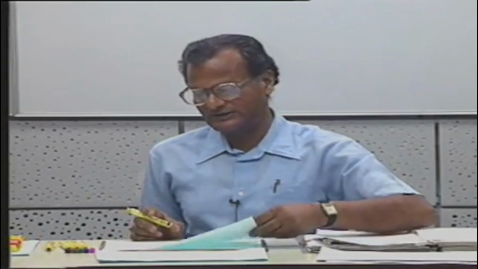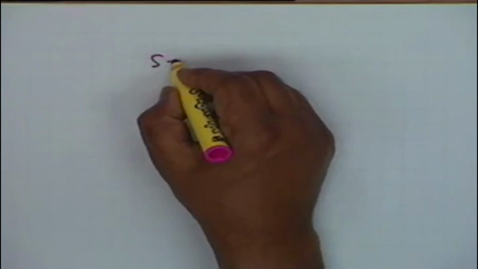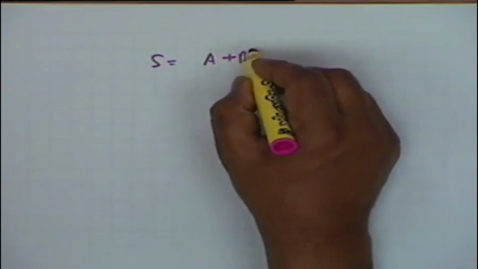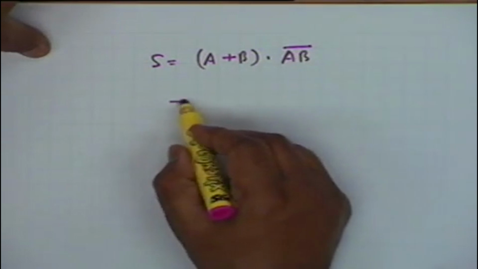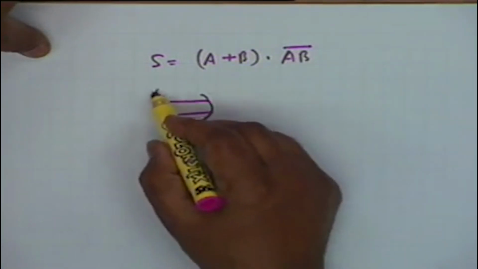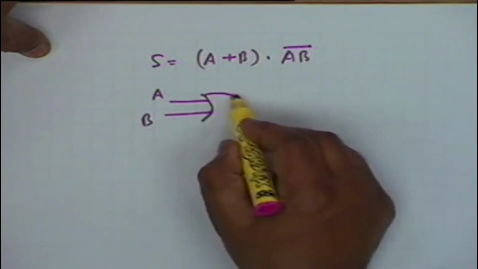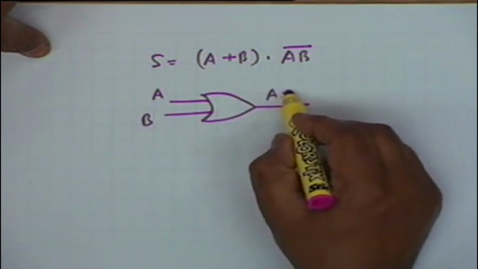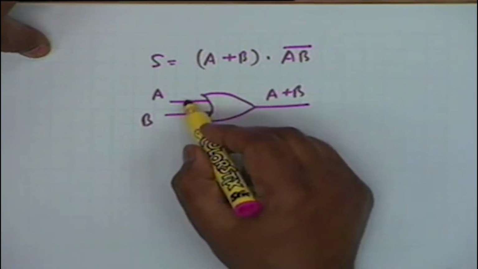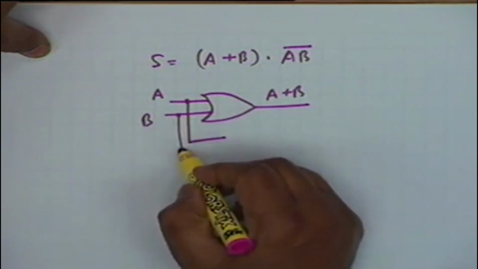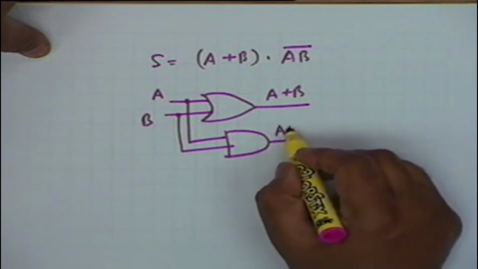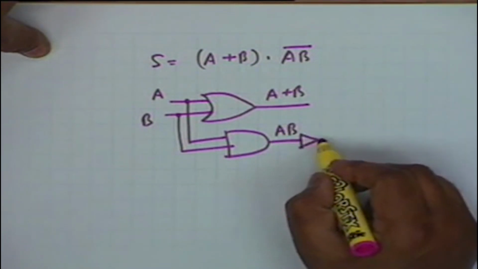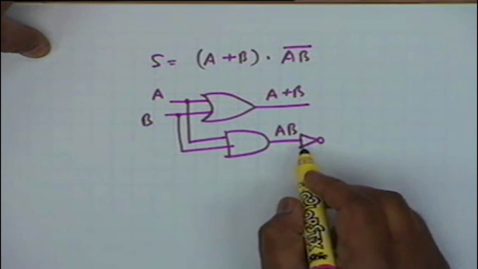Now let us see how this expression can be represented by another logic circuit. S equals A or B and AB inverted. You see, I have A and B. I have an OR gate, so this is A or B. Then I have A and B, then a NOT, or I could combine the two.